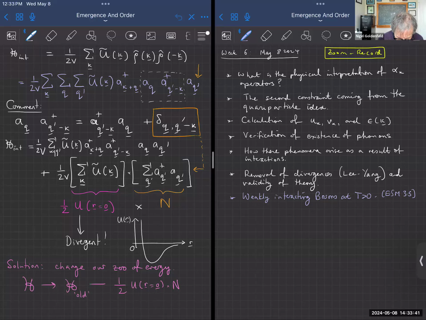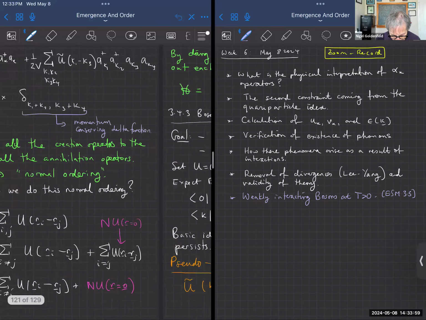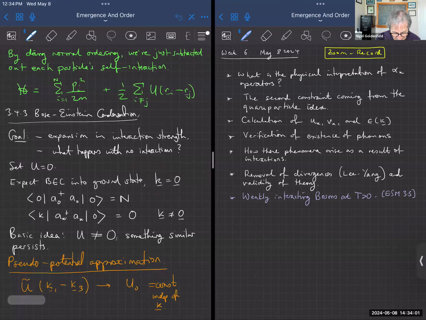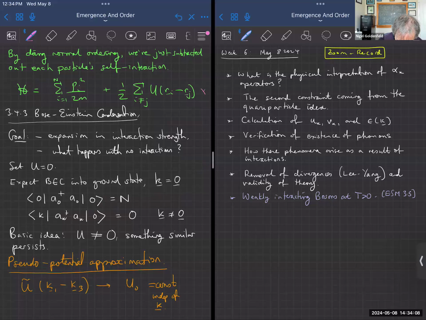And so if we want to subtract that, we have to make sure that the creation operators are always to the left of the annihilation operators. And this is what people who do quantum field theory call normal ordering. And so we explained the physical significance of that, and we end up with the potential shown up here on the top left. We now have correctly removed the self energy.